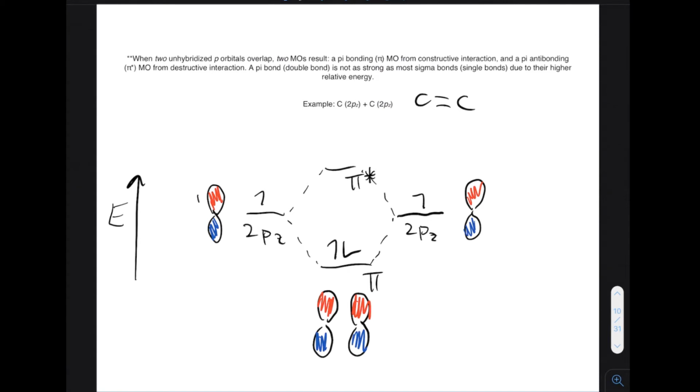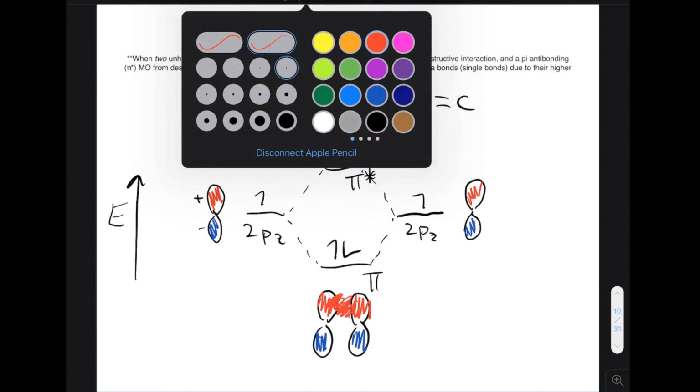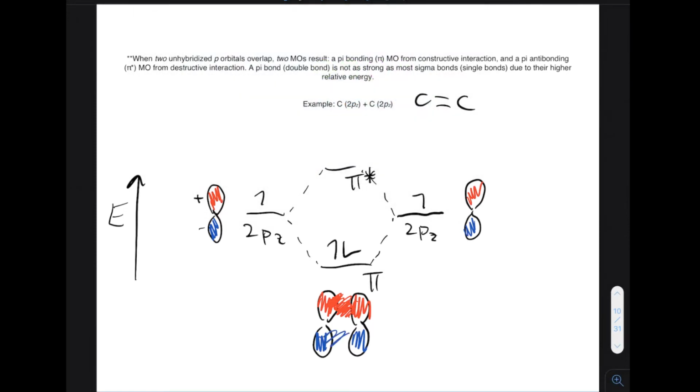So we could say this is positive and this is negative, for example, but again it does not indicate charge. So when you form the pi bond, it looks like this, where the phases constructively overlap with each other.